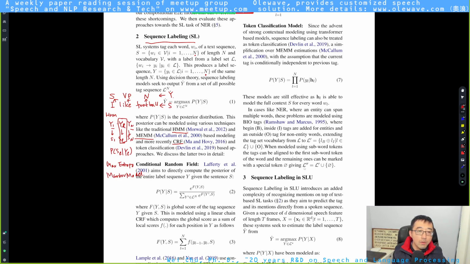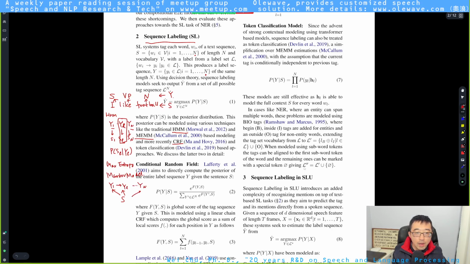Basically, all it tries to do is, given the whole sequence, estimate the probability of YL.